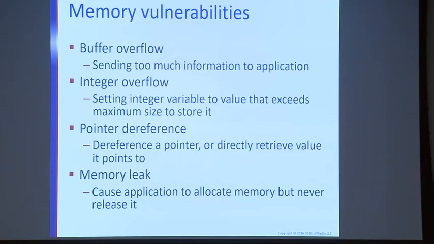So we want to make sure that the integer value is kept between 0 and 666, nothing outside of that range. Then there's the pointer dereference, or directly retrieving the value a pointer points to. So many times what we're doing is pointing over to a value that's sitting in some other location. I would need to know the address of that location to be able to point to it.